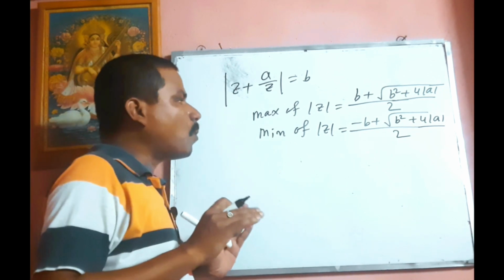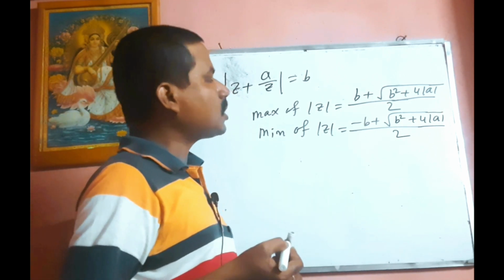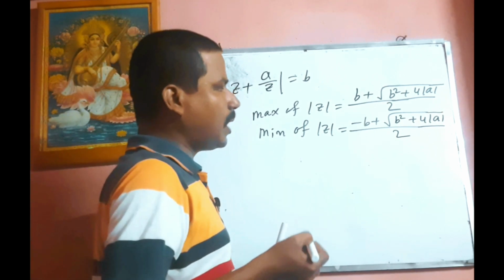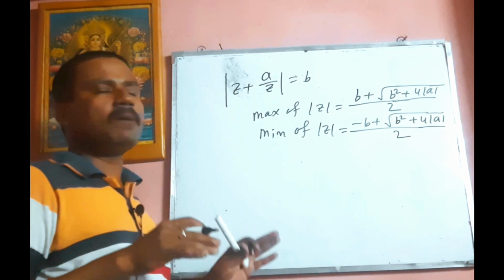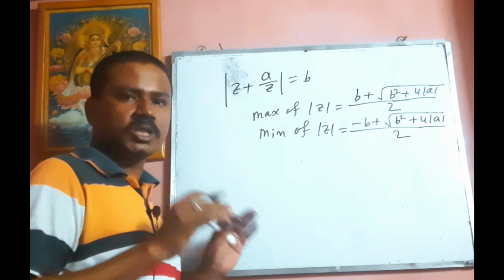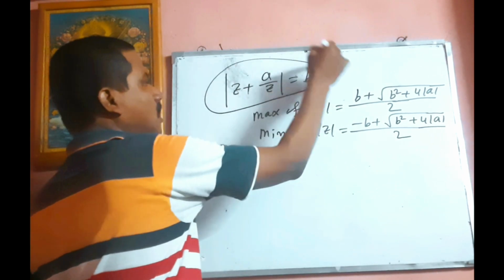And similarly, the min of mod z will be minus b plus root under b square plus 4 times modulus of a, divided by 2. This is the max and min formula of z when this is given.